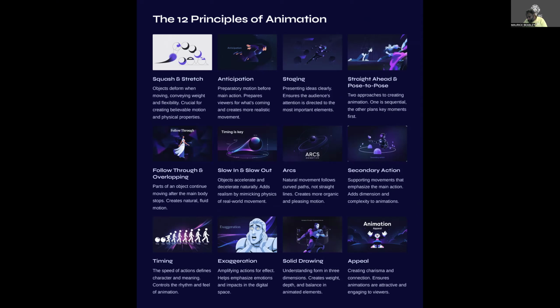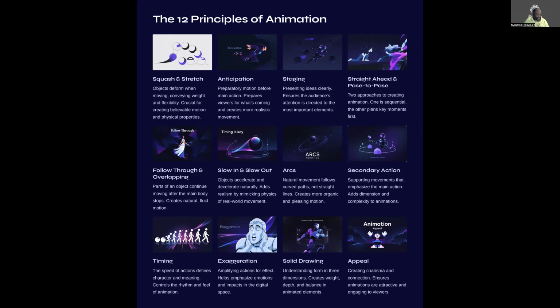Versus pose to pose, this is where you're doing what is called keyframe animation. You're creating different key poses, or keyframes. You're creating one at the beginning. This is the first position of this thing. Then later down the timeline, you create another keyframe, this is where it's going to end up, then it goes to this next position, then this next position. And then in between those keyframes, you can have the computer do the whole straight ahead work.